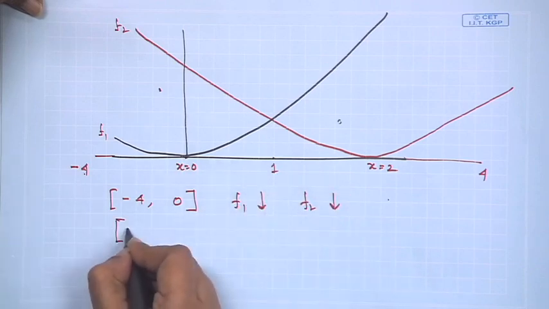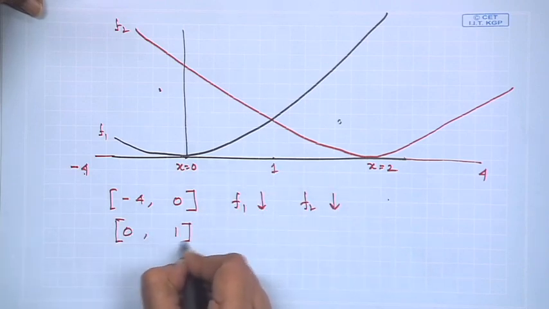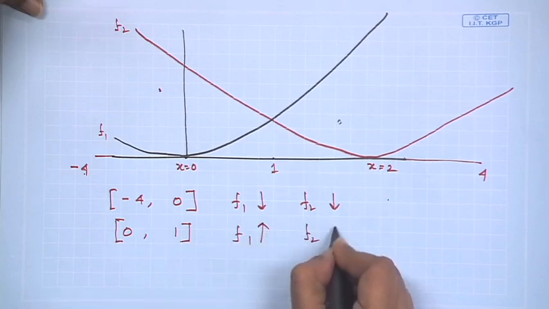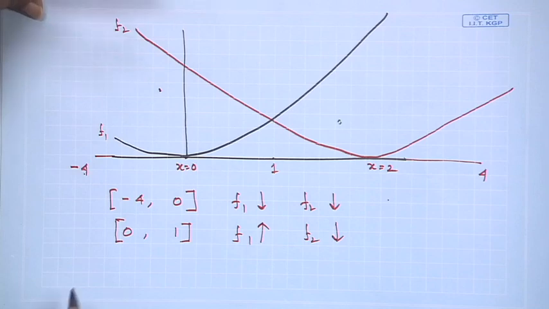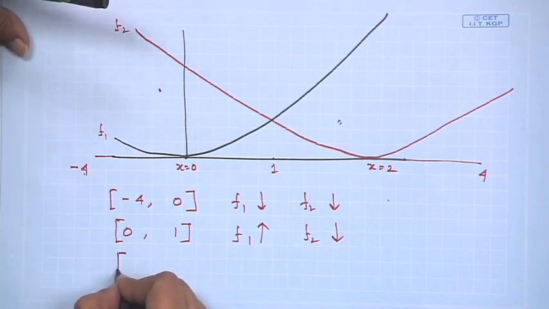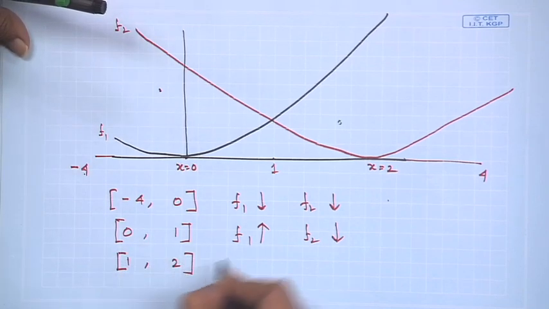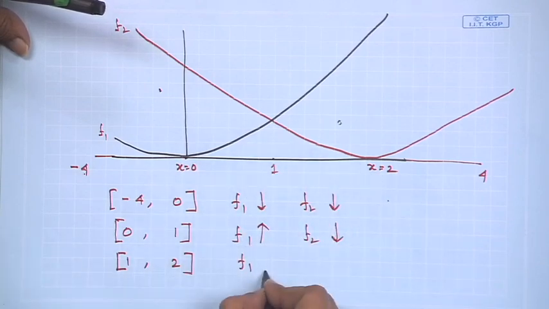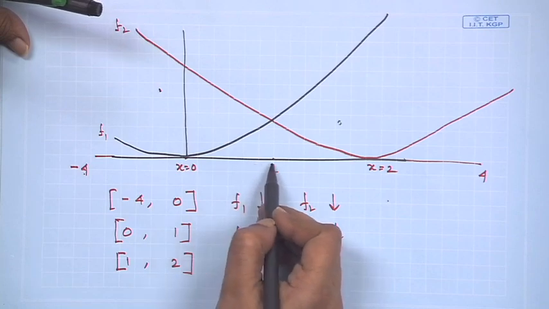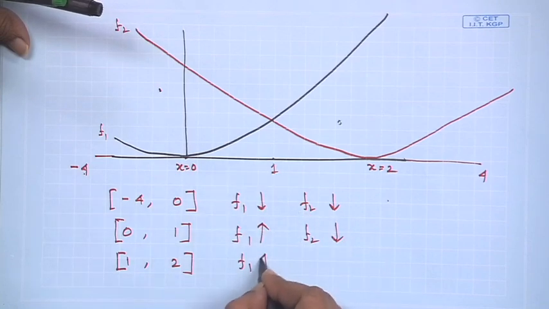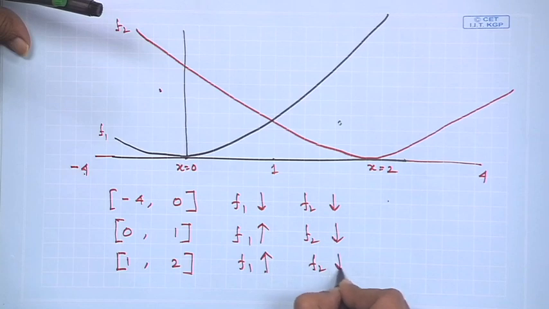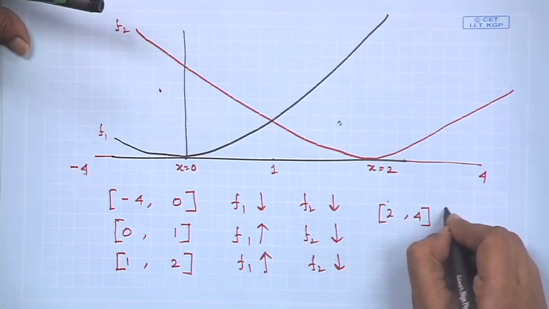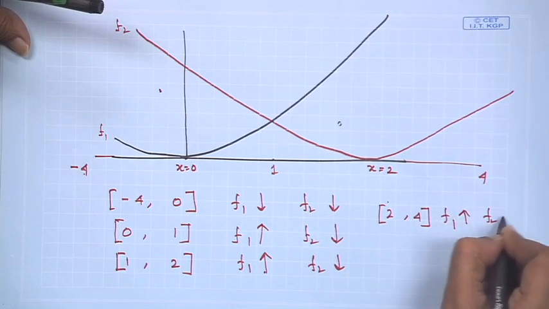If I move from 0 to 1, we could see that f1 is increasing, but f2 is decreasing. Similarly, from 1 to 2, f1 is increasing and f2 is decreasing, and from 2 to 4, f1 is increasing and f2 is increasing.